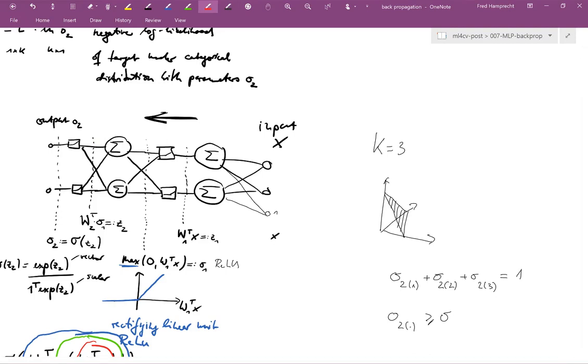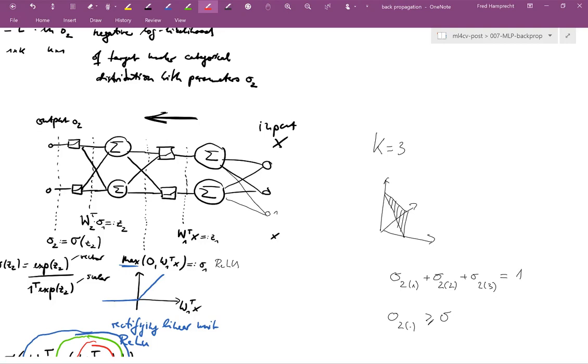And the softmax is a good way to do this. It fulfills this normalization constraint, it gives me non-negative numbers, and it is differentiable, so it allows me to compute the gradient with respect to its inputs.